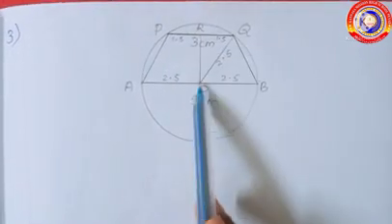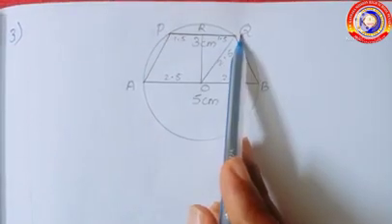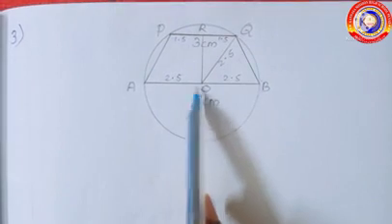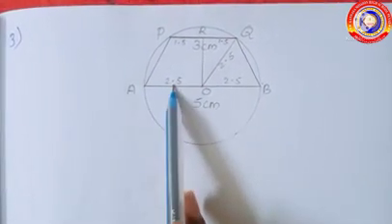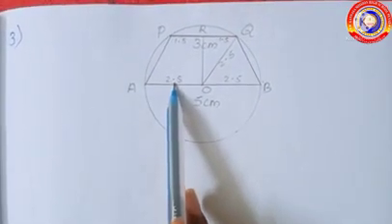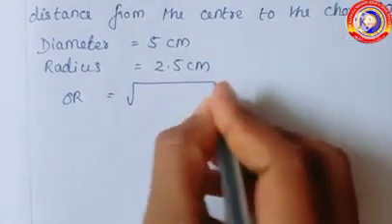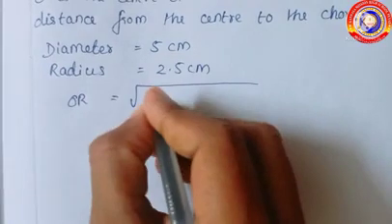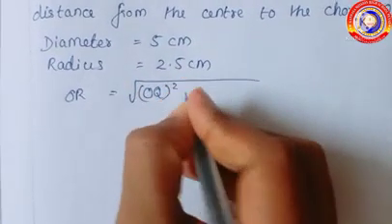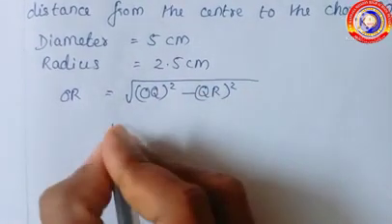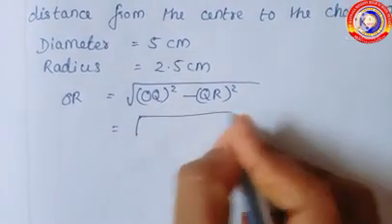Then diameter, that is AB, is equal to 5 centimeter, which is given in the question. Then radius is equal to 2.5 centimeter. Then OR is equal to root of OQ square minus QR square. Here OQ is 2.5 centimeter.